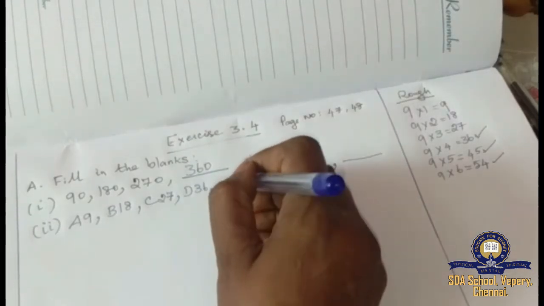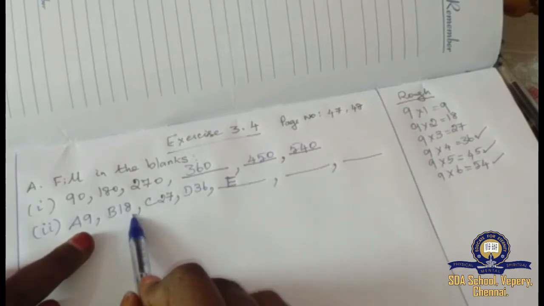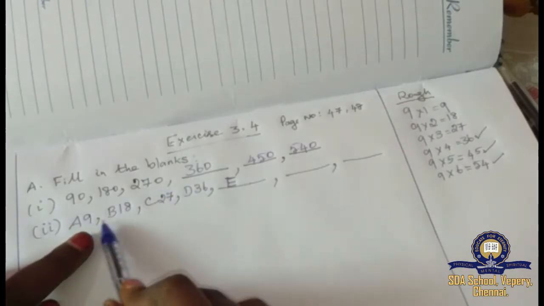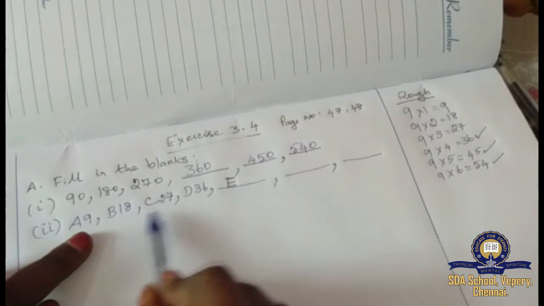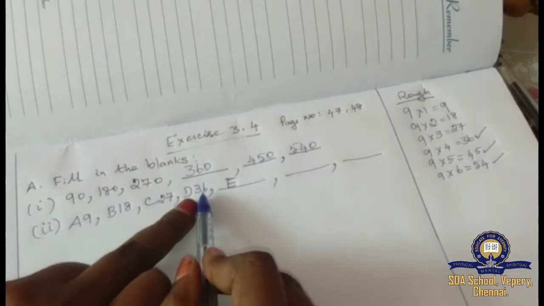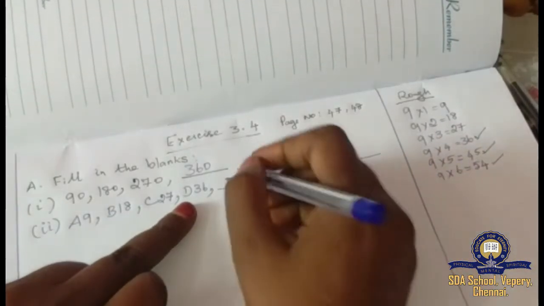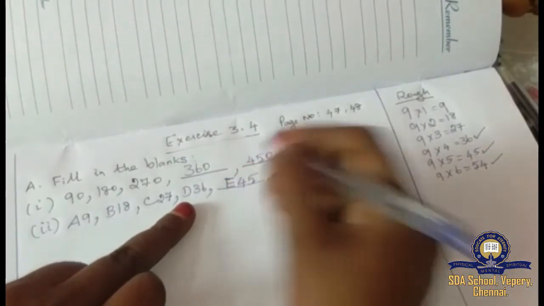Yes, E. And then see the numbers 9, 18, 27, 36. These are all multiples of 9. So the next number in the multiple table after 36 is 45. E 45.